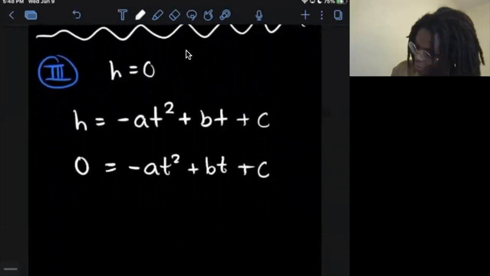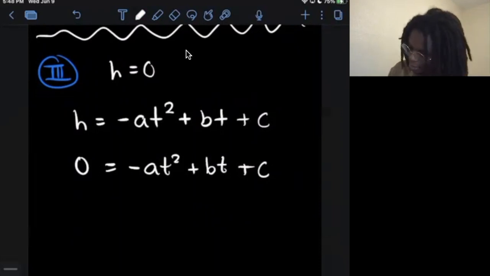The quadratic formula just says that the root t is equal to negative b plus or minus the square root of b squared plus 4ac, all over negative 2a.